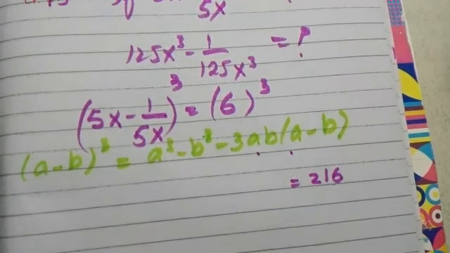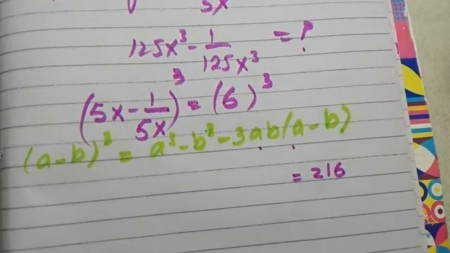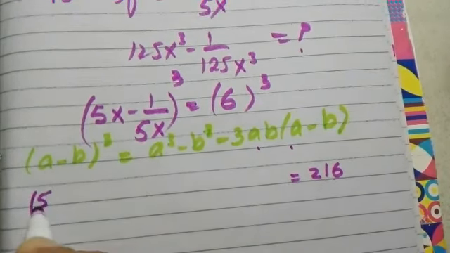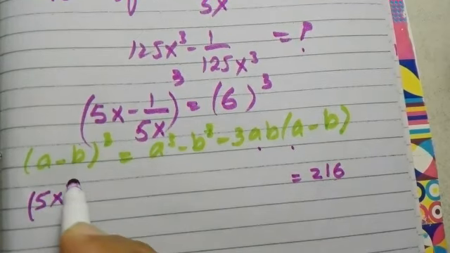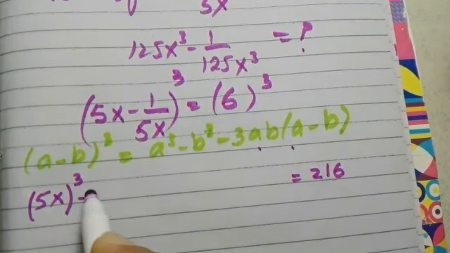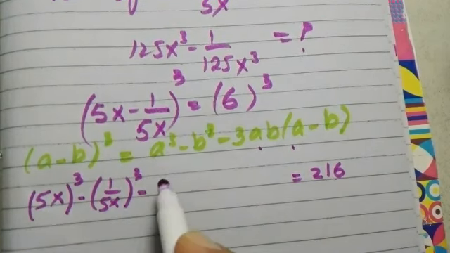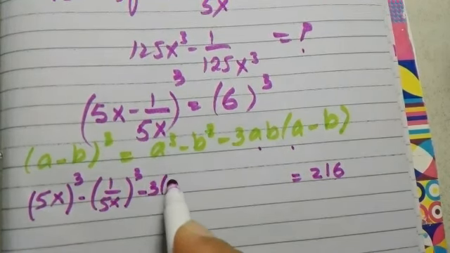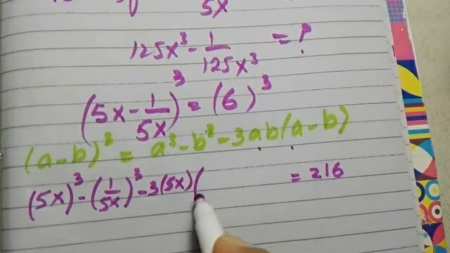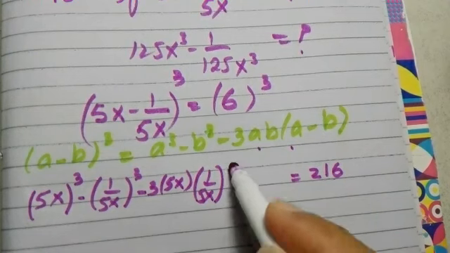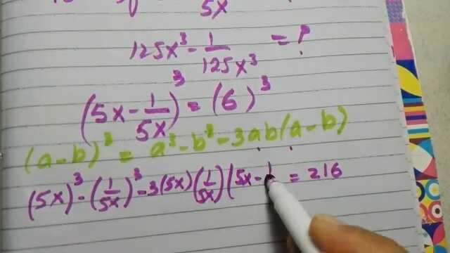So we will write 5x cube minus 1 over 5x cube minus 3 times 5x times 1 over 5x times 5x minus 1 over 5x.